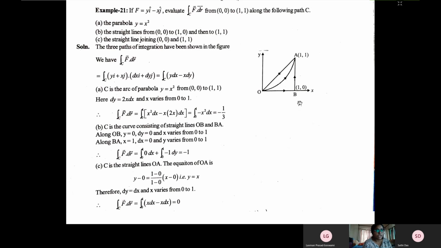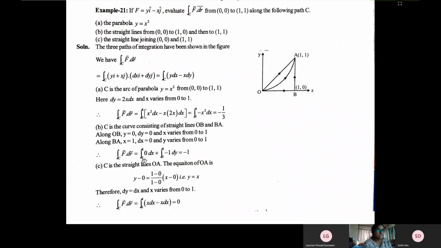And along B to A, that is 1 0 to 1 1, the change in x is 0, because at point B the x is 1, and at point A the x is also 1. So x equals 1 means dx equals 0, and y varies only from 0 to 1.